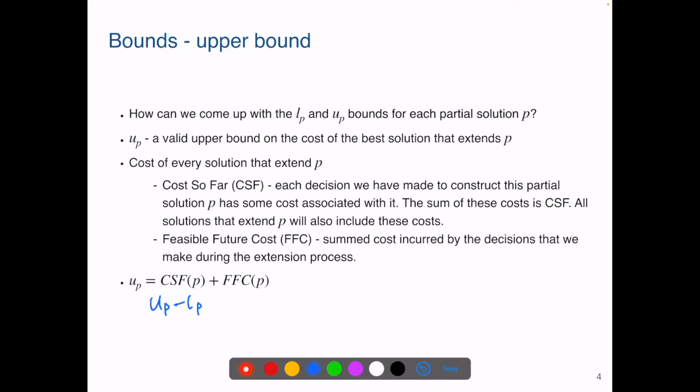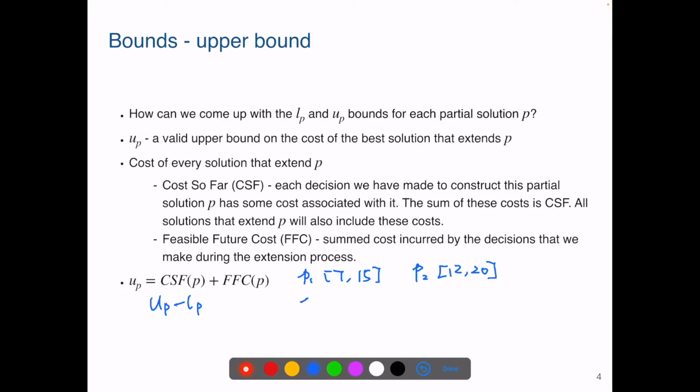immediately. For instance, if we have one partial solution P1 that's bounded by 7, 15, and another partial solution P2 that's bounded by 12 and 20, we have to keep both of them because they overlap. There might be a best solution extending P2 that's better than the best solution extending P1.